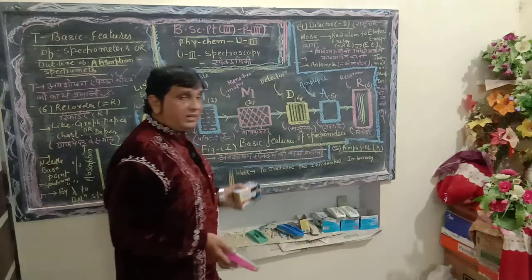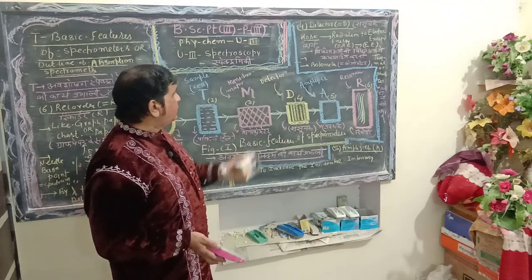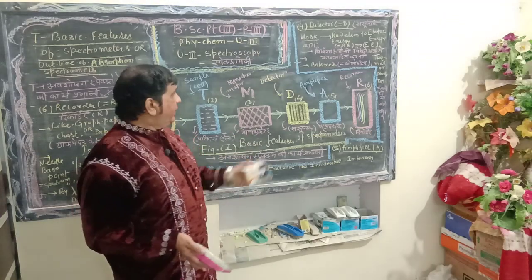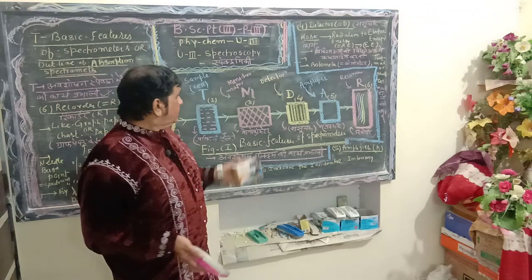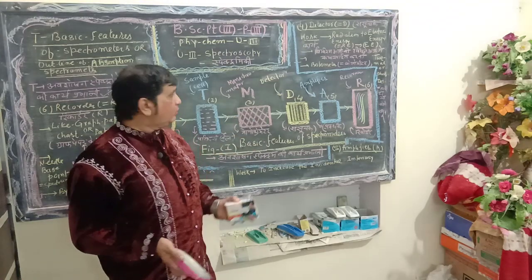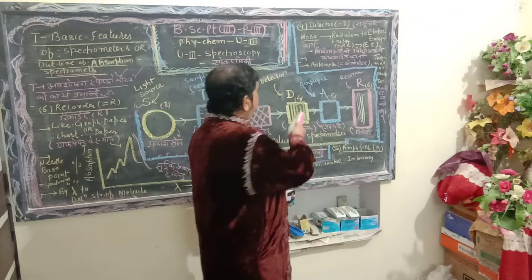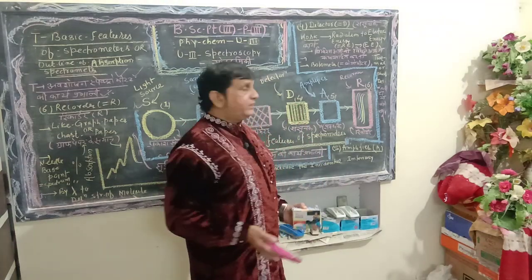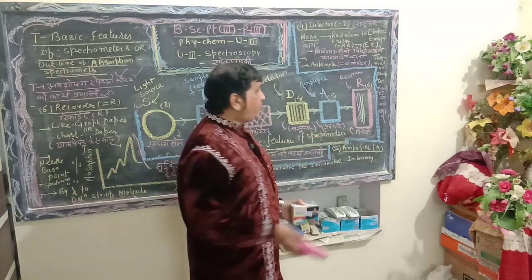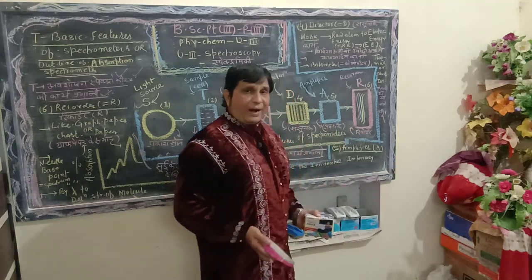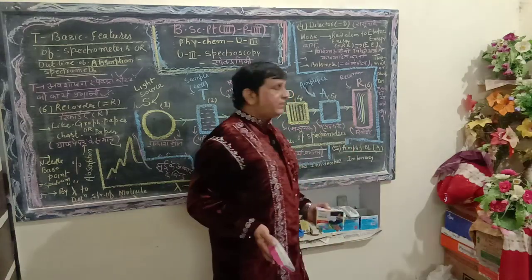Next, the sample cell T is further connected to the monochromator M. The monochromator is connected to the next part, the detector. The detector is further connected with the amplifier. The amplifier, the fifth part, is connected to the last part, the sixth, the recorder.